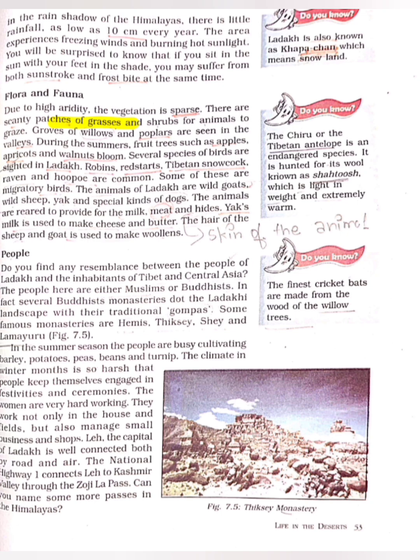During the summer, fruit trees such as apples, apricots and walnuts bloom. Several species of birds are sighted in Ladakh. Robin, redstart, Tibetan snowcock, raven and hoopoe are common. Some of these are migratory birds.